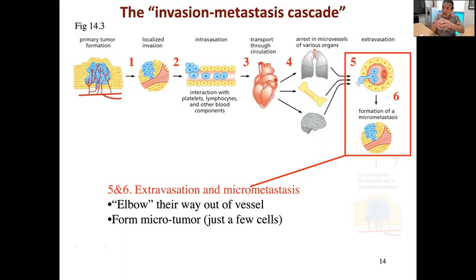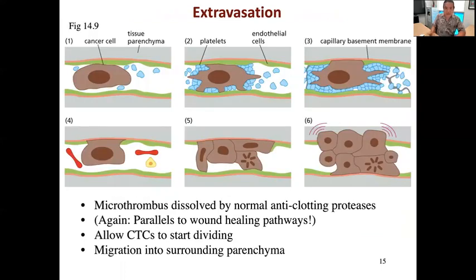As a result, they'll continue dividing, but it's probably going to be slow because they're not getting the types of messages that they're used to. So they form a micrometastasis, literally just a handful of cancer cells, and then they just kind of stop because they don't know what to do beyond that.